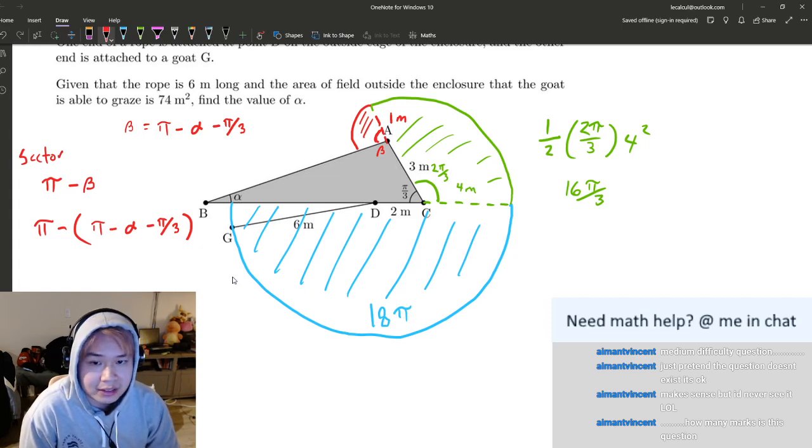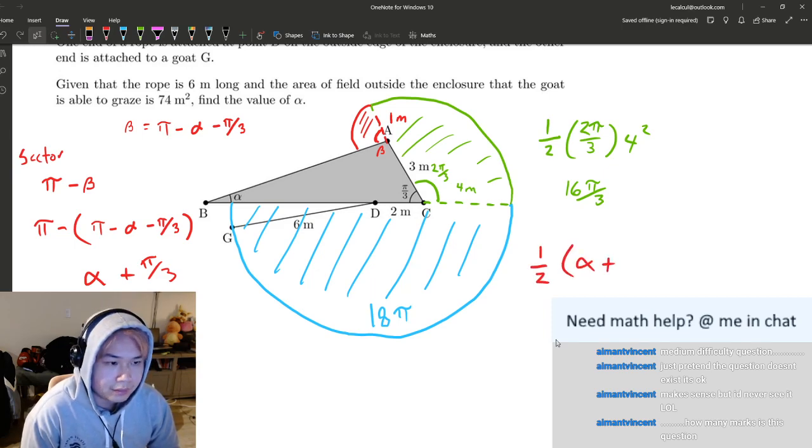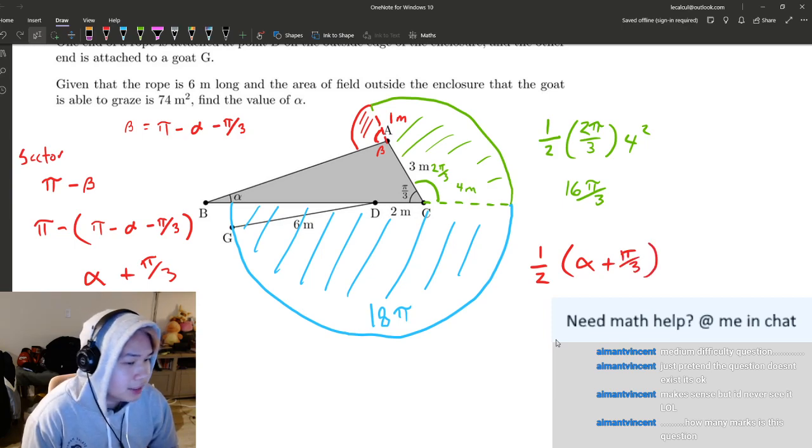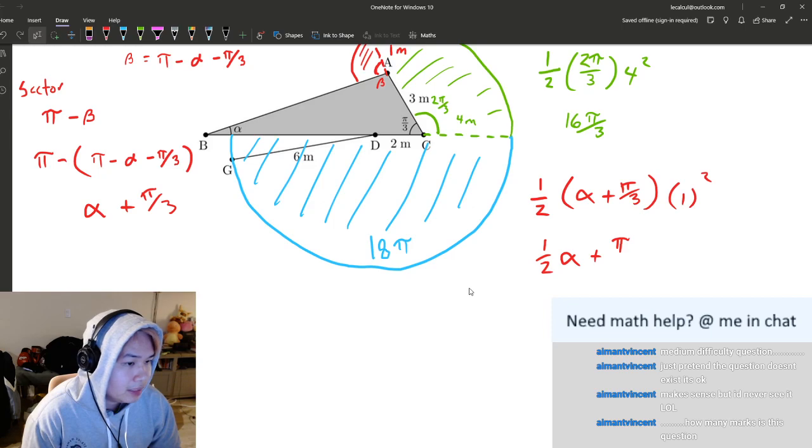The pi's cancel out, and then you're left with positive beta plus pi over 3. So here's my sector angle. So the area of this sector is going to be 1/2 alpha plus pi over 3 times the radius squared, which is just 1 squared. So in other words, 1/2 of alpha plus pi over 6.